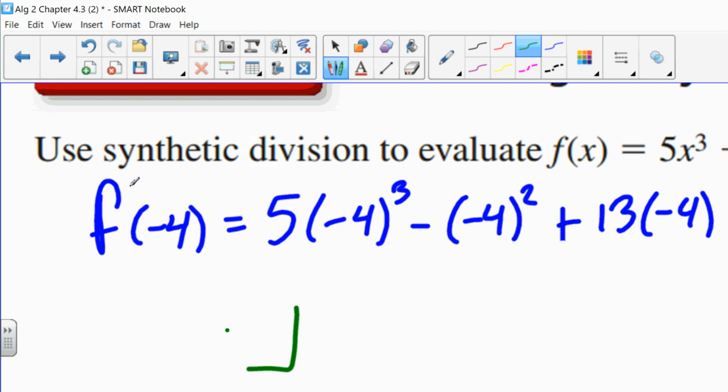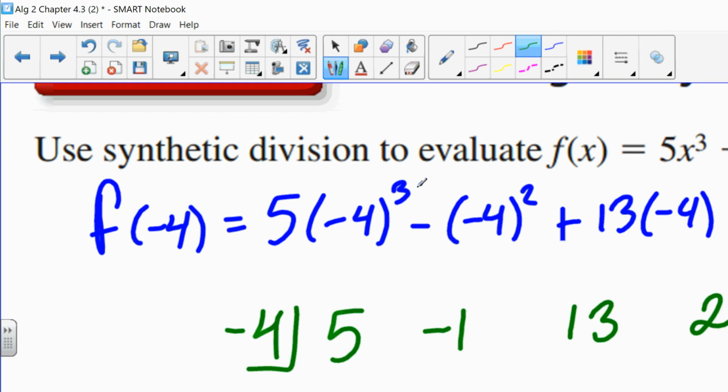Now, they already gave us -4 because they already solved it for x. We don't have to do anything there. Now we can put the coefficients across the top. So we would have 5, -1, 13, and 29.